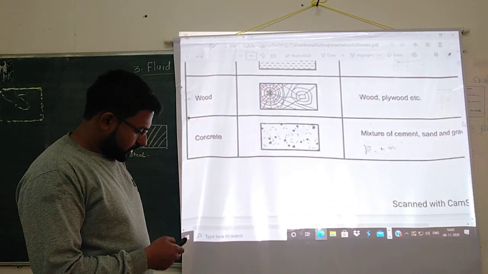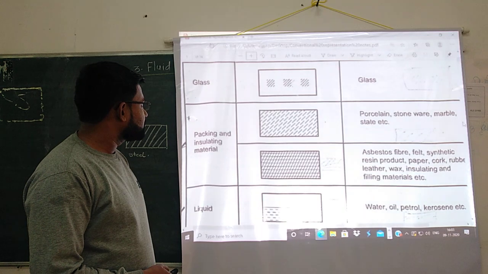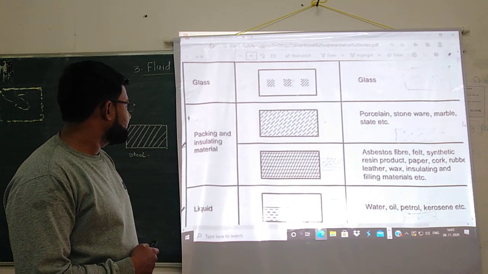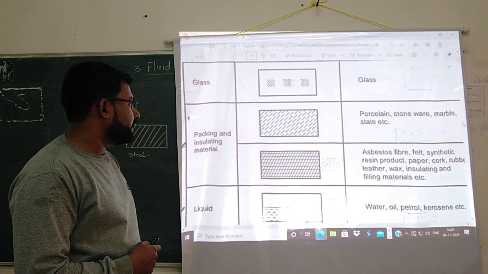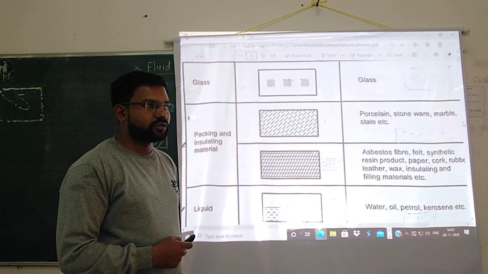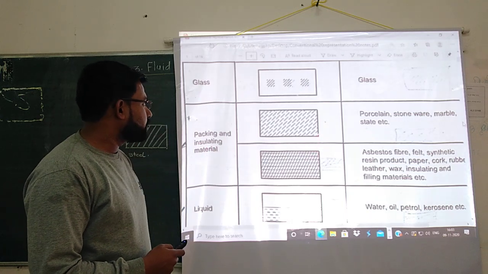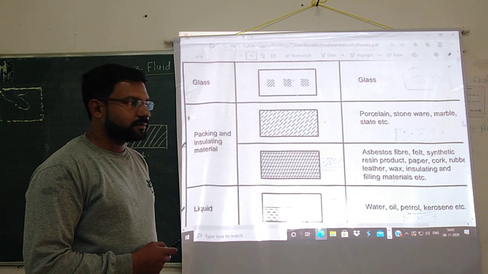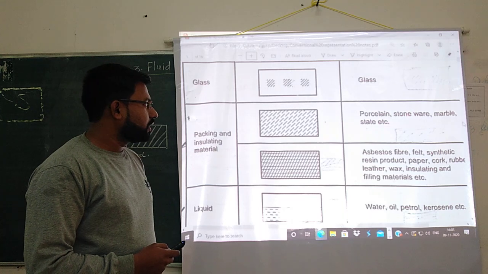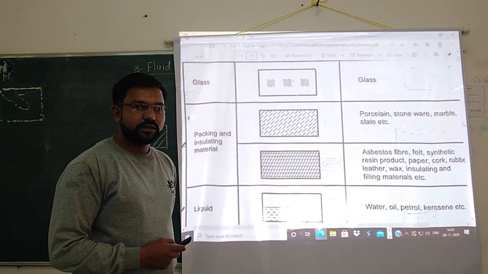Next, after glass, we will see some packing and insulating materials. First, the materials such as porcelain, stoneware, marble and steel.